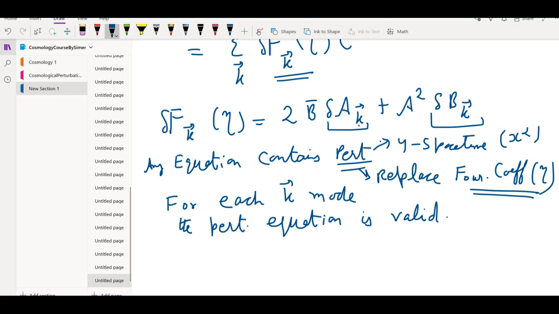Then we will apply all this machinery, the Fourier space mathematical formulation which we are building right now, to solve those equations, and we will see that all we are doing is replacing the original term in four-dimensional space-time with the k mode perturbation term. So keep the equation the same, and for any arbitrary k mode, just replace the original perturbation.